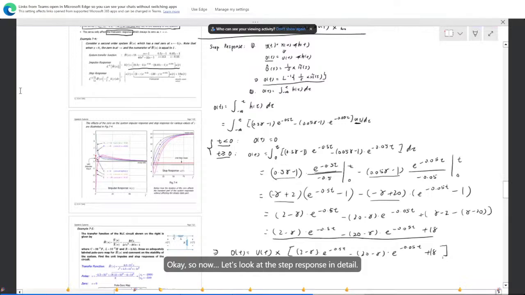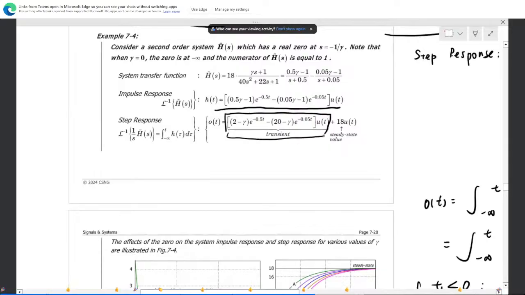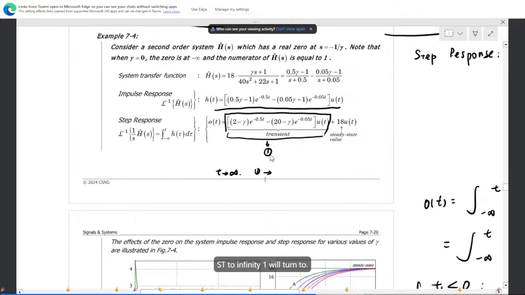Okay, so now let's look at the step response in detail. So we look at the first term here. As t tends to infinity, what will be the value of this first term here? As t tends to infinity, will it tend to infinity, 1, or 0?